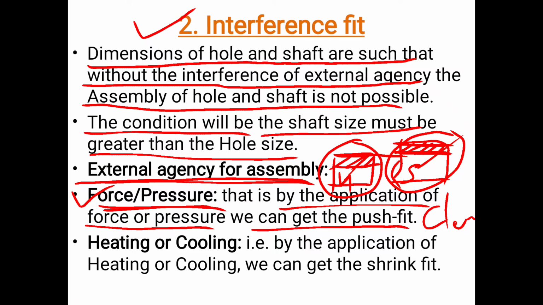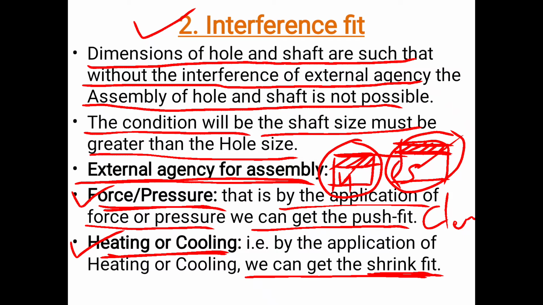Okay, the second agency is heating or cooling. By heating or cooling, we can get shrink fit. We can heat the hole so that its dimension will increase, and in between that we will push fit or shrink fit that shaft.